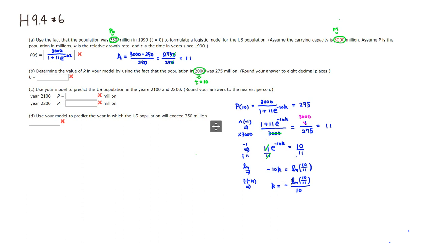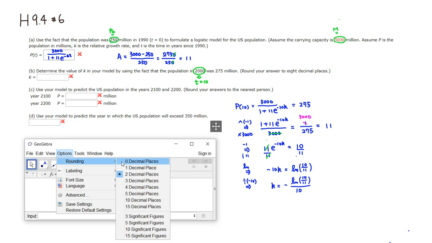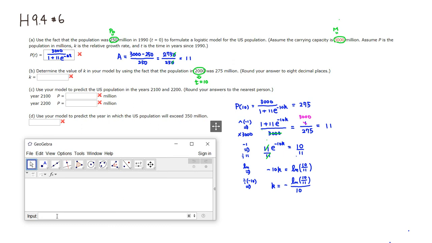We want to round the answer to 8 decimal places, so I definitely need GeoGebra. Let's open up GeoGebra. We want 8 decimal places, and since we don't have 8, I'm going to change the rounding to 10. Then I enter negative natural log of 10 over 11, divided by 10, and hit enter.